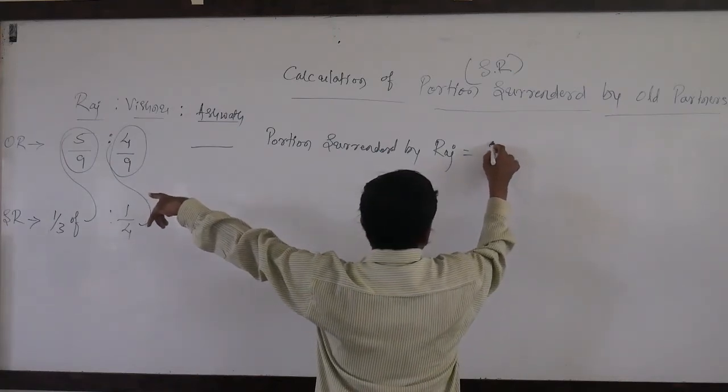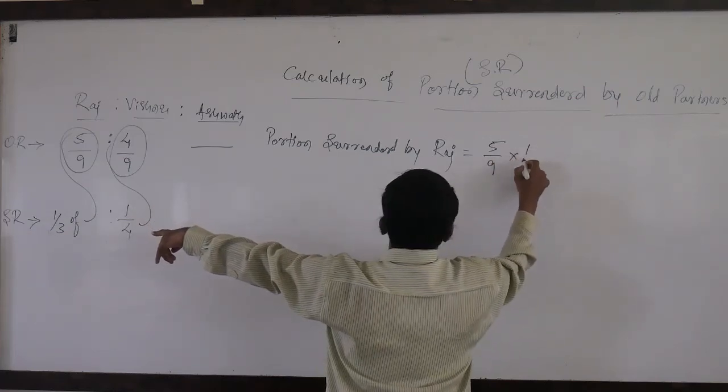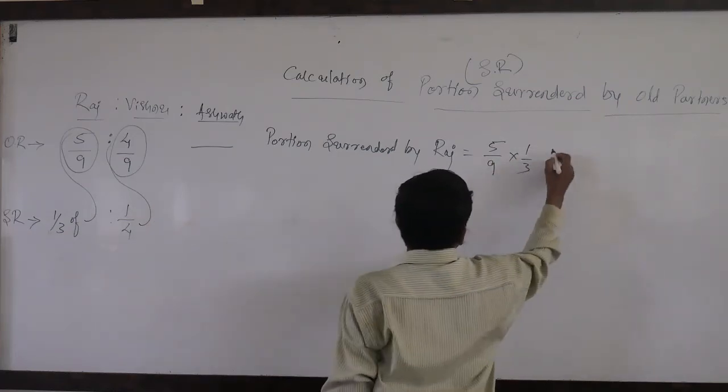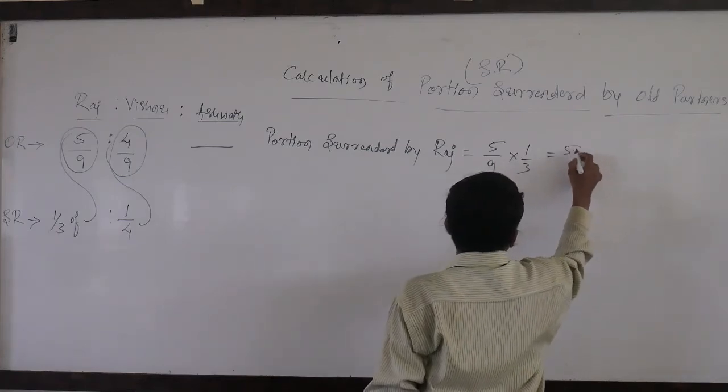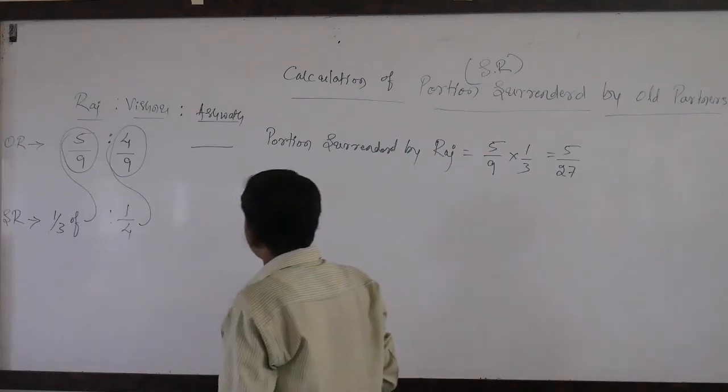His share means 5/9 into 1/3. So 5 ones are 5, 9 threes are 27.